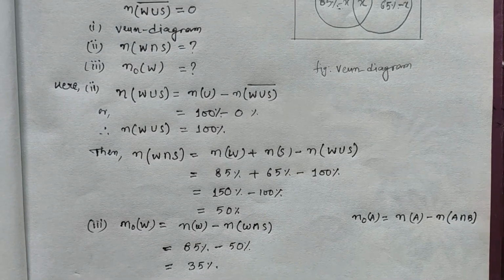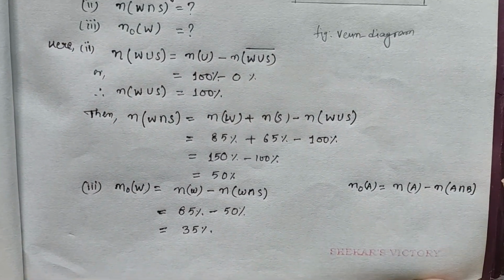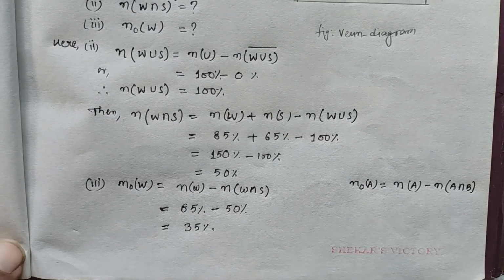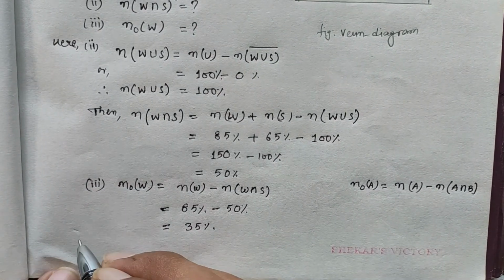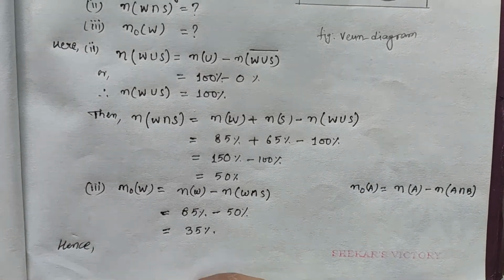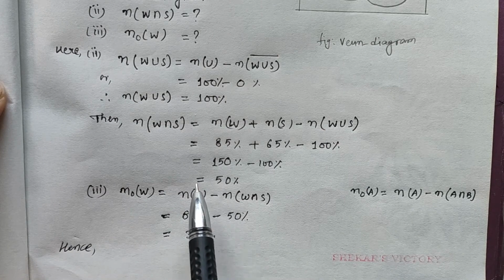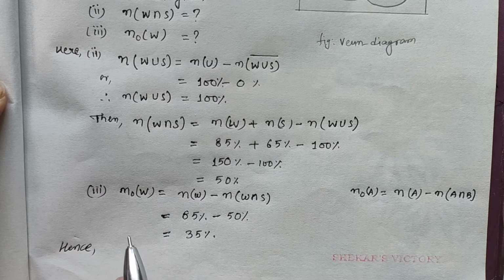And don't forget to write the conclusion. So always write the conclusion part after solving the questions. So the conclusion part is: hence the number, or percentage, you can say, what percent like both the seasons.